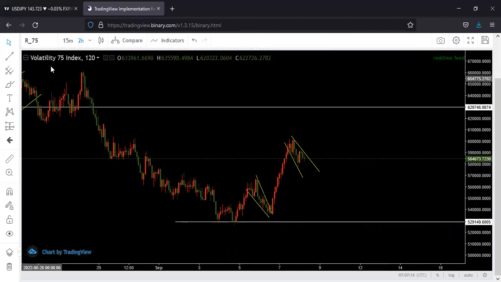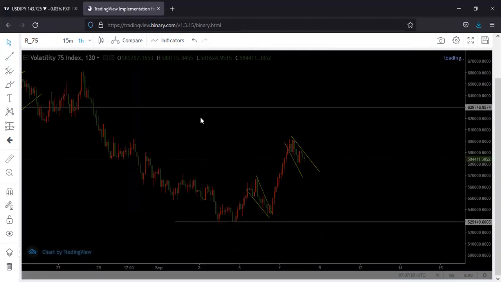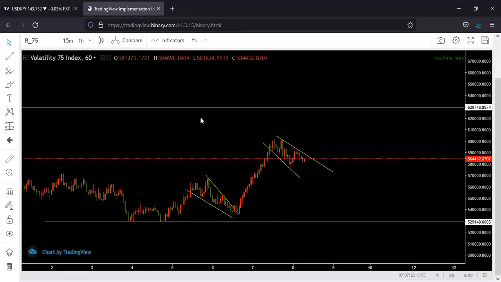It is easy here. Let us go to the H1 time frame, guys. On this time frame, we always look for the entries. Remember, start from the higher time frame to the lower time frame, but when we reach the 1 hour or 2 hour time frame, we always look for the entries and exits.